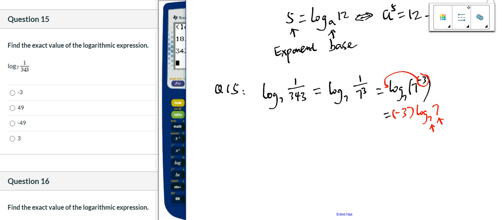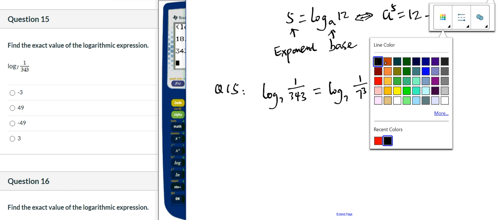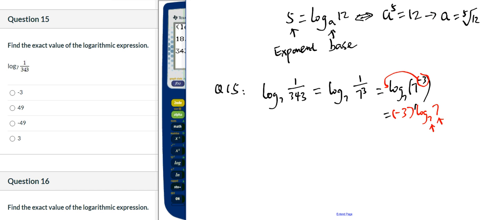Then the value of this one is 1. So -3 times 1 is just -3. So which is the answer?